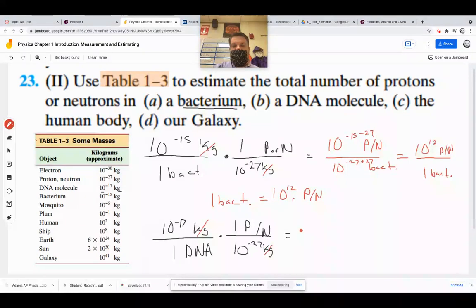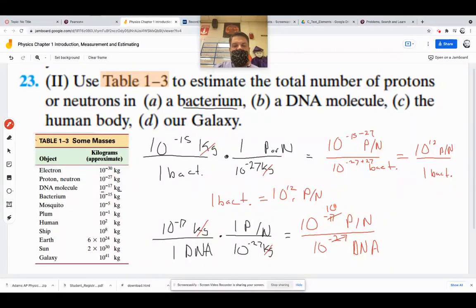And so I'm left with 10 to the negative 17 protons or neutrons is equal to 10 to the negative 27 DNA molecules. And so I'm going to add 27 to this and add 27 to that.